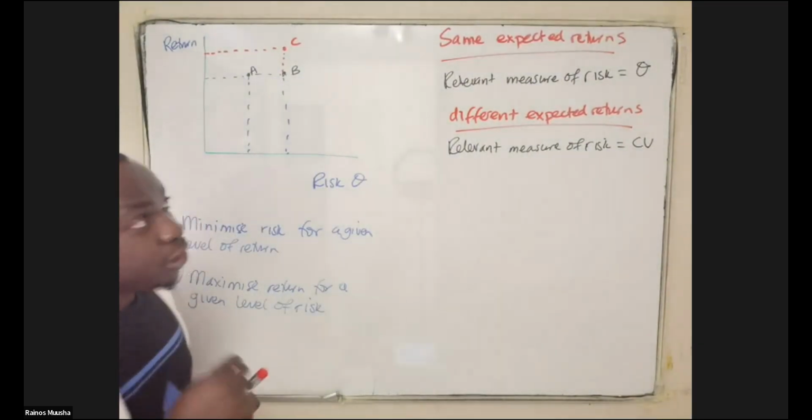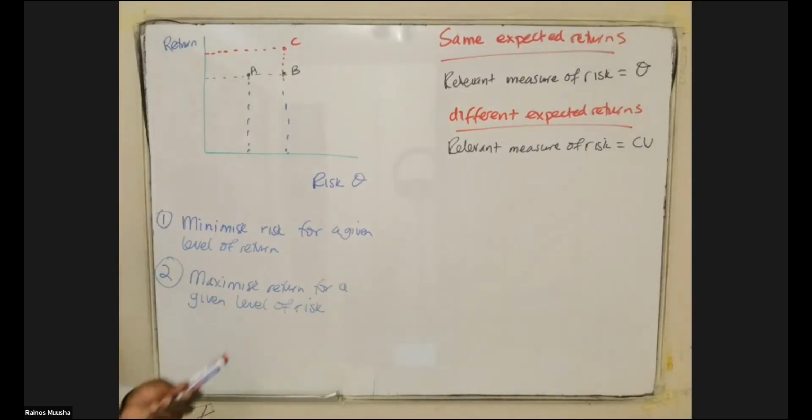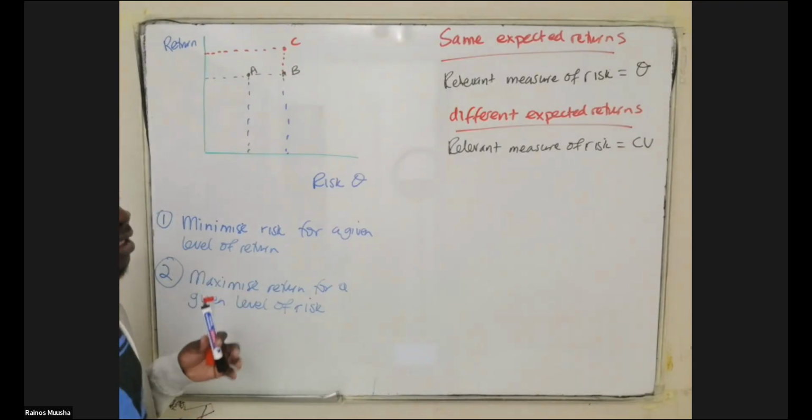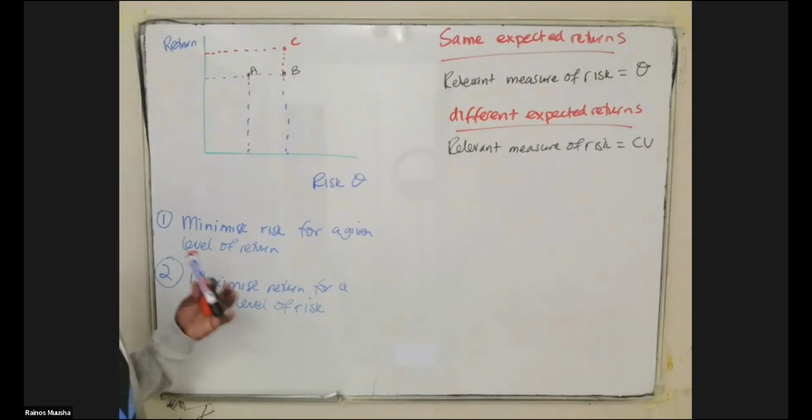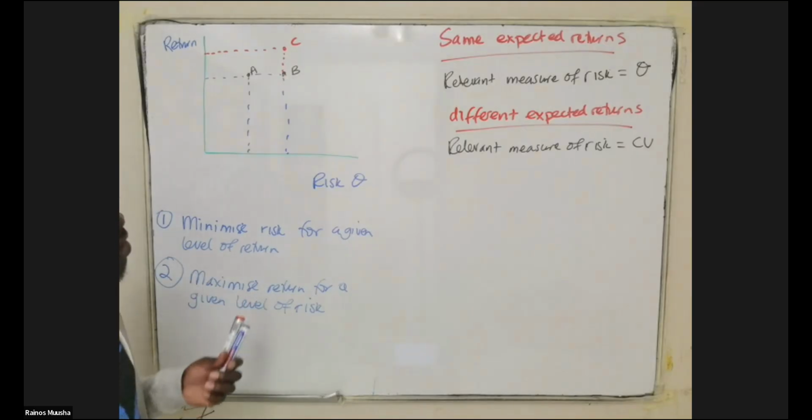When you have a choice between securities with the same expected return, the relevant measure of risk is the standard deviation. So you just calculate the standard deviation of each security and compare them. That comparison will determine your choice of investment.